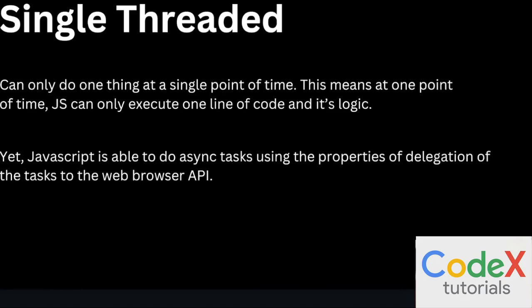But using the delegation property, what it will do is it will delegate the task of any asynchronous task it finds to the web browser, and it will continue executing its synchronous nature inside of it, hence making the feel of a multi-threaded language being run inside of JavaScript. But in essence, it is still a single threaded programming language.